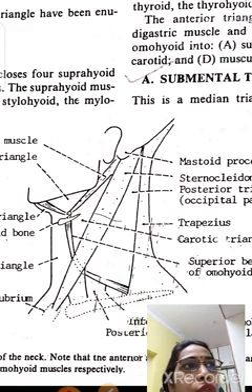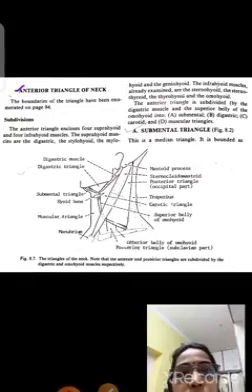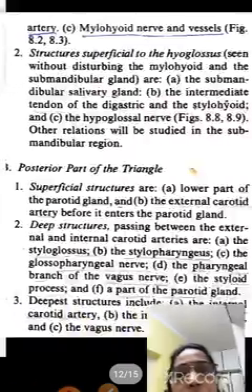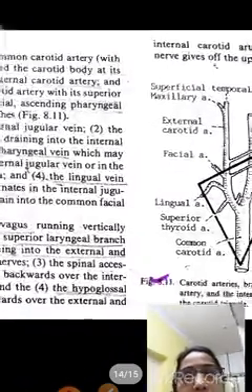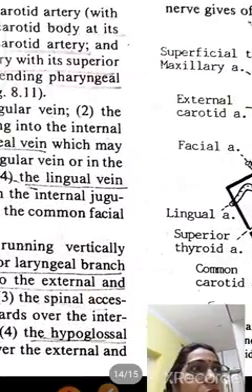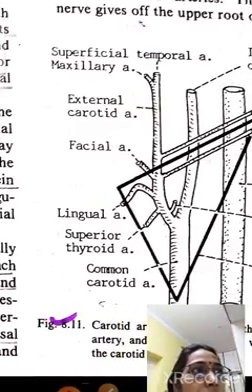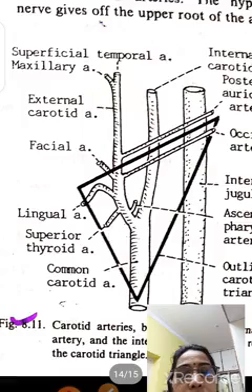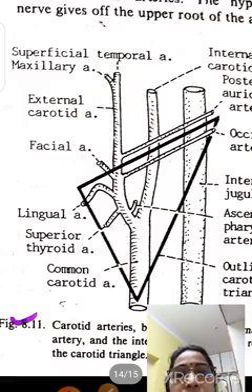The floor is formed by the thyrohyoid muscle, the hyoglossus, and the middle and inferior constrictors of the pharynx. Now I can show you here, these are your carotid arteries. See why this is called the carotid triangle.